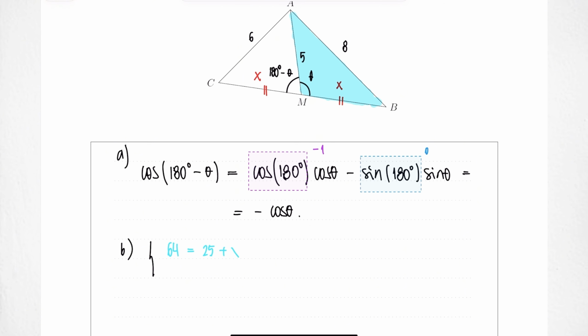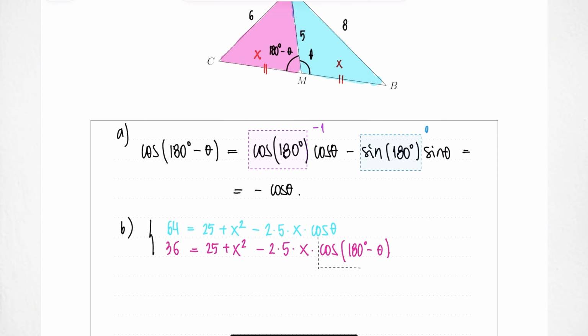Which means that by applying the cosine rule in both of these triangles, we get 64 equals 25 plus x squared minus 2 times 5 times x times the cosine of the angle in between the sides 5 and x, so cosine of theta. And for the second triangle over here, we have 36 equals 5 squared plus x squared as well, minus 2 times 5 times x times the cosine of 180 minus theta.